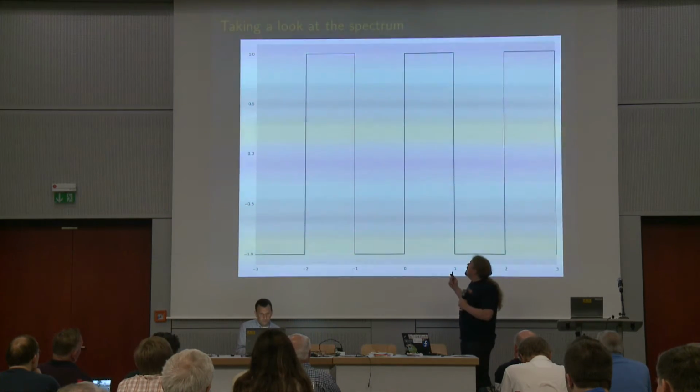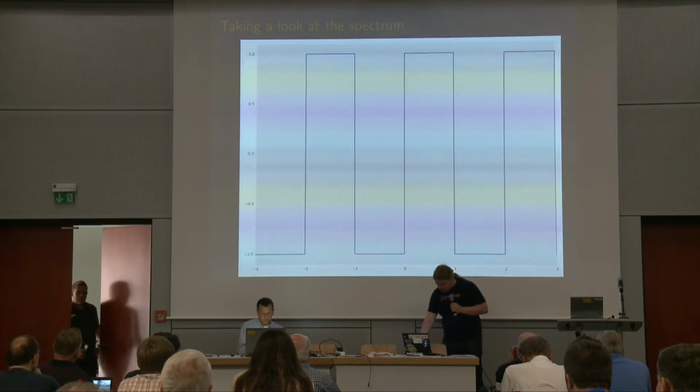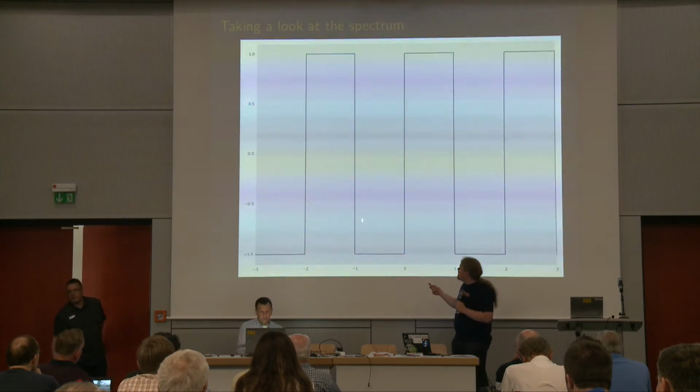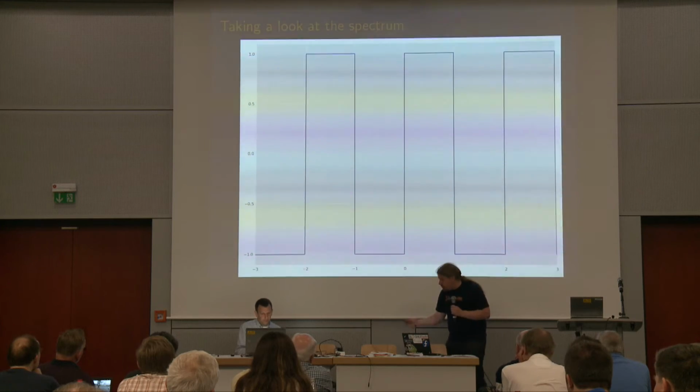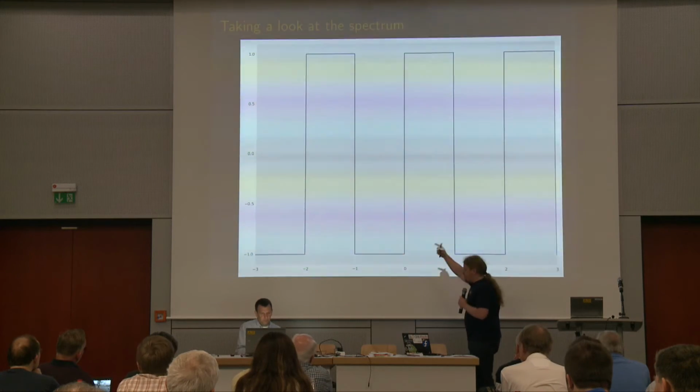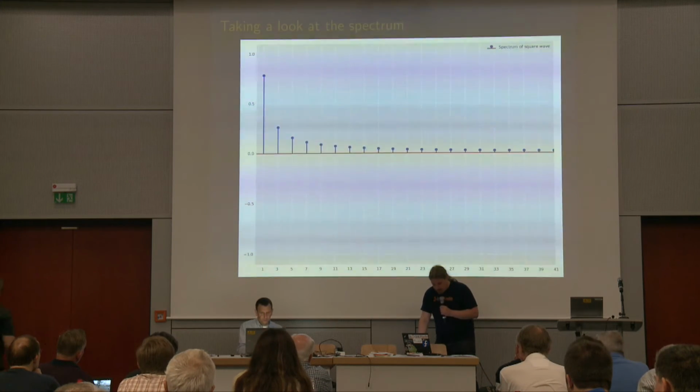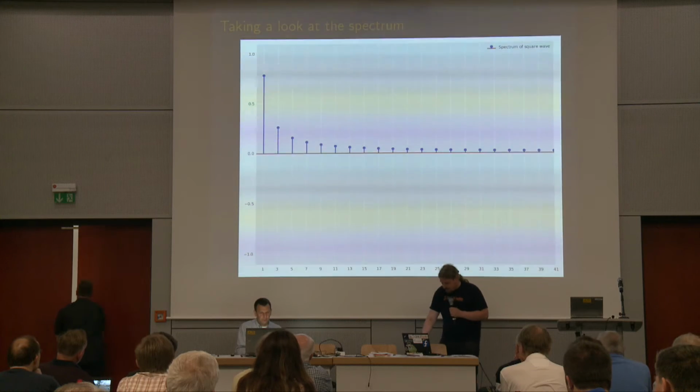So again, this is the square wave, or an excerpt of the square wave, of course, it goes on forever on both sides. And this is an excerpt of the spectrum, right?